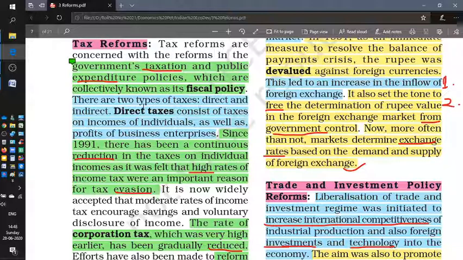That's why, over the course of time, these direct taxes, like individual income tax or tax on companies, called corporation tax, have been set at lower rates. What I mean to say is, earlier these taxes were high, and when they were high, it was difficult for people and companies to pay.